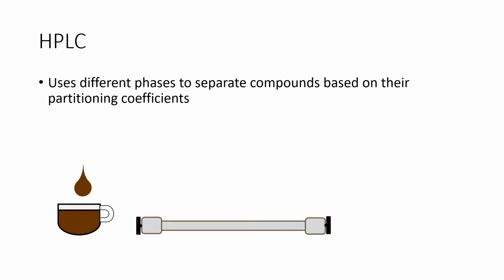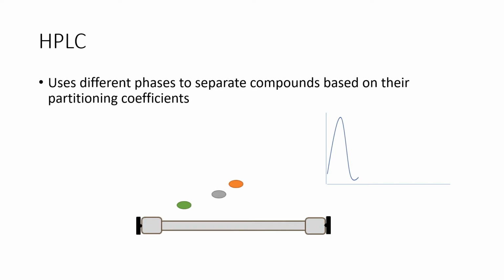So let's say we put a sample of coffee into our column, and we're going to represent our different compounds that we're going to separate with these colored droplets here. Let's say we start our mobile phase now, and we have this blue compound. This blue compound has very little affinity for our stationary phase.